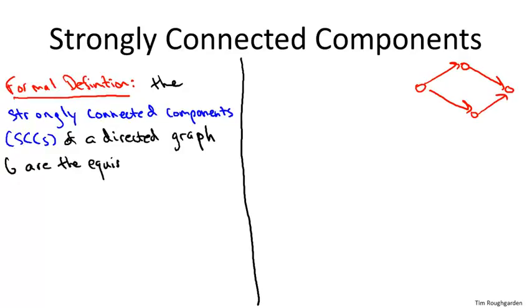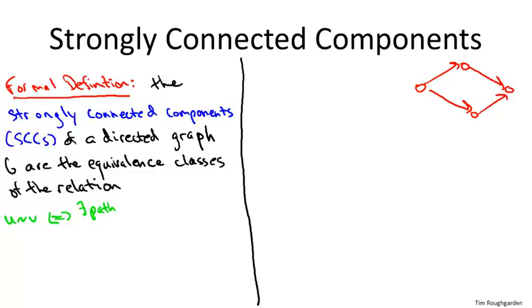So the equivalence relation we're going to use, it's on nodes of the graph, and we'll say that U, a node, is related to a node V, if you can get from U to V via a directed path and also from V to U via some other directed path. I'm not going to bore you with the verification that this is an equivalence relation. That's something you can work out in the privacy of your own home. So remember what it means to be an equivalence relation.